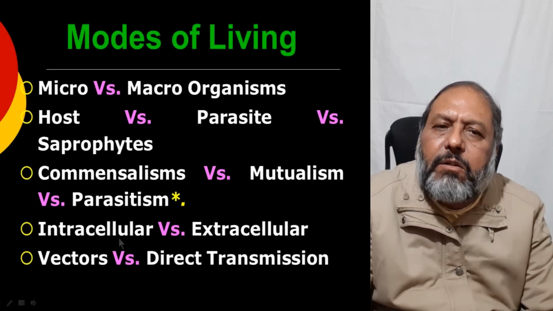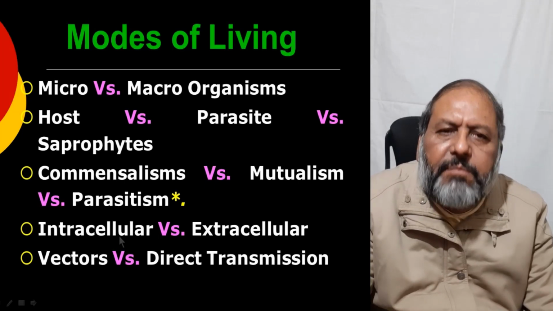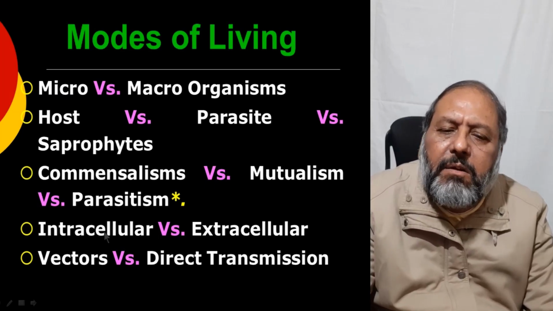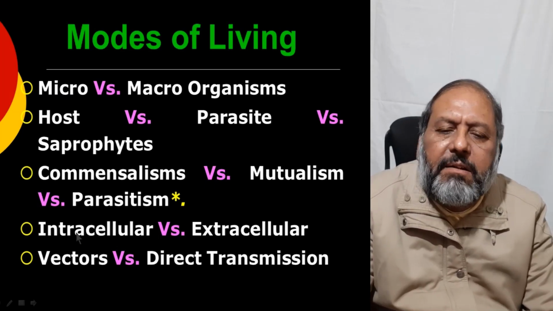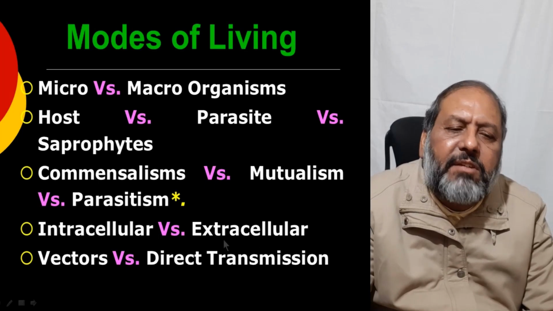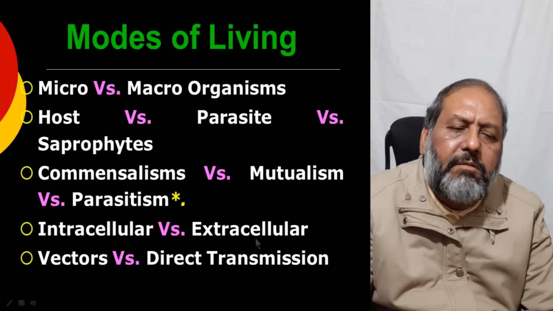Intracellular refers to microbes which live in the cells of some other organism, so these can be in an animal or human cell. These are called intracellular, and extracellular microbes live outside the cell in the extracellular fluid.